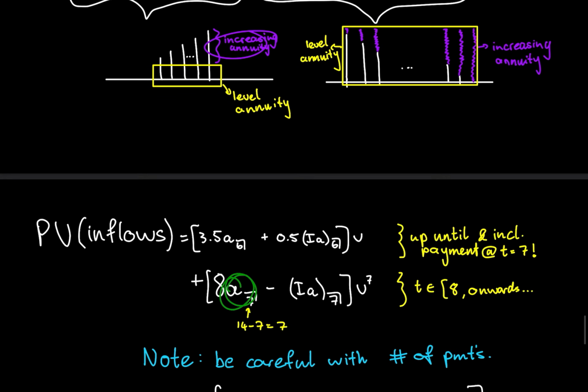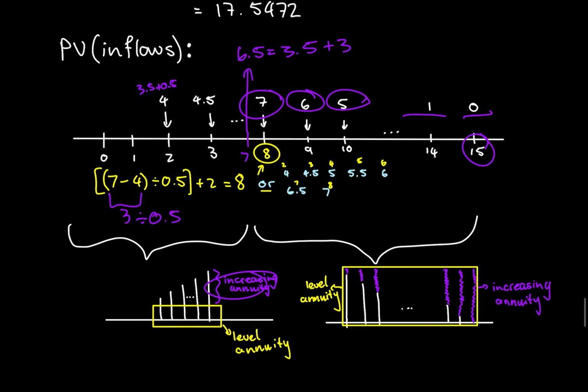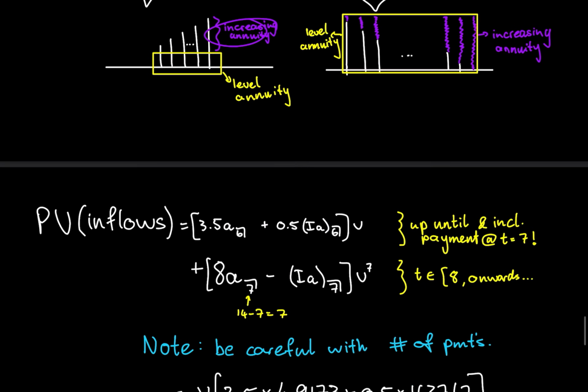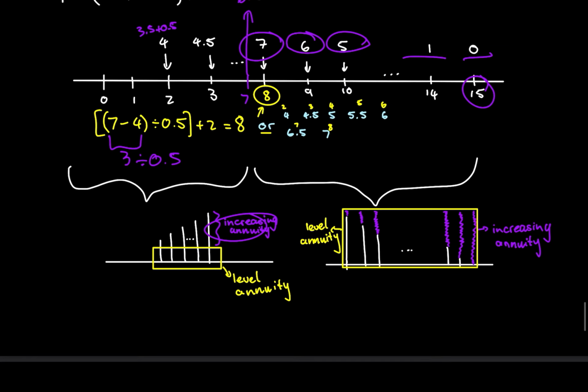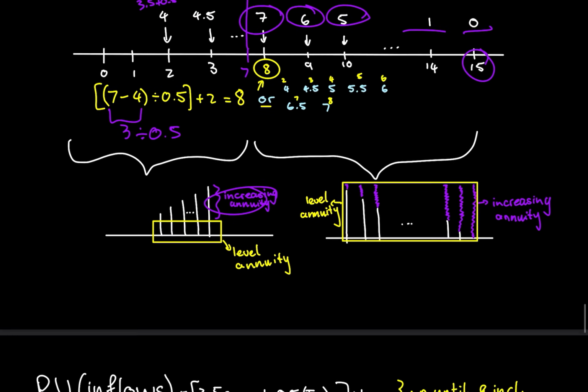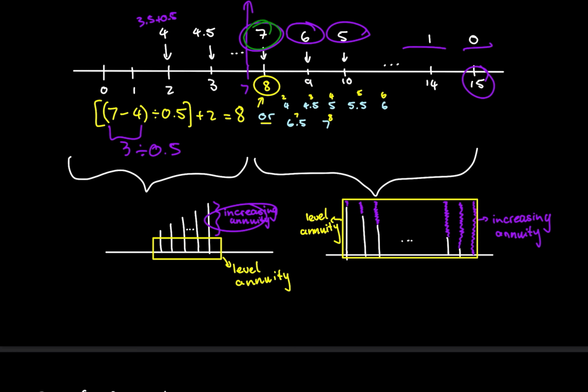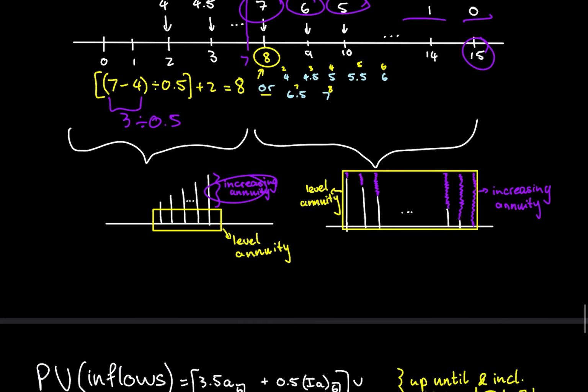And this is in arrears. So what you note there is that it discounts it 7 times. So we have this v to the 7 outside here, which will discount all of those payments back to time 0 from time 7, even though our payment of 7 occurs at time 8.